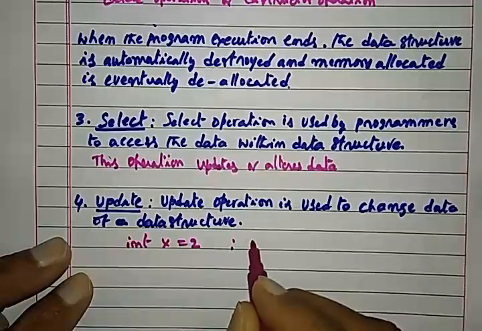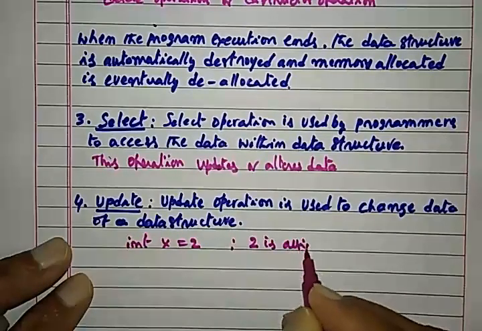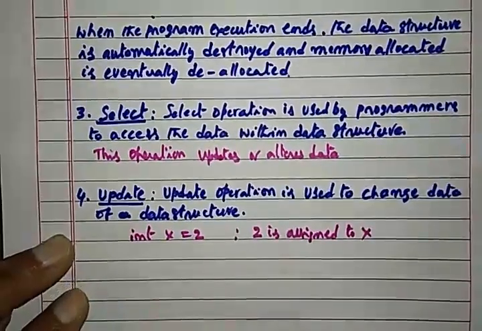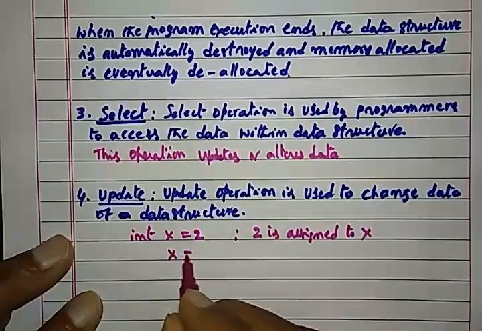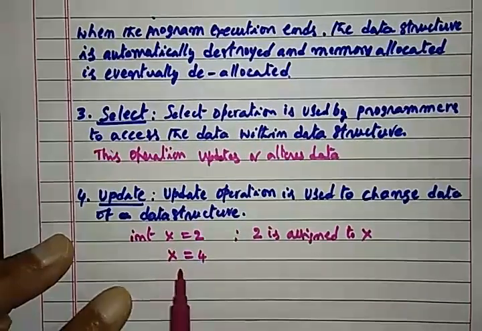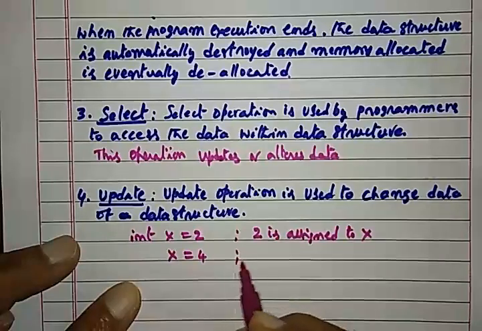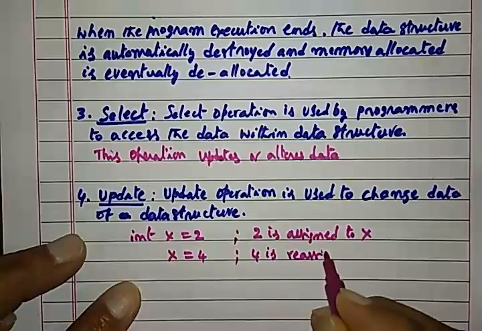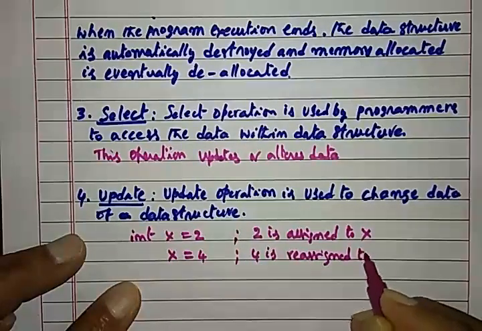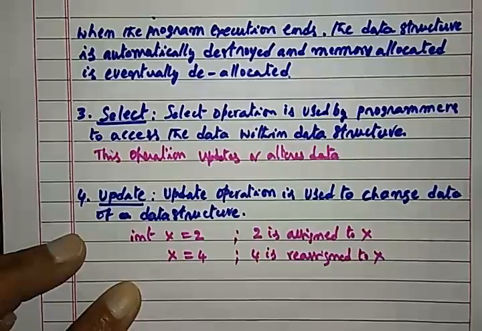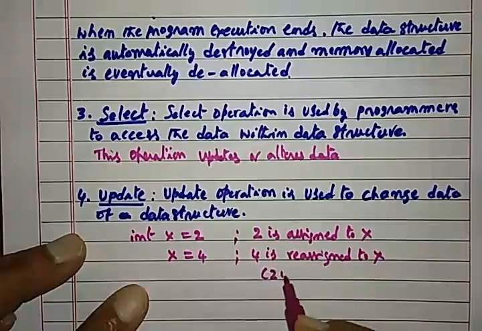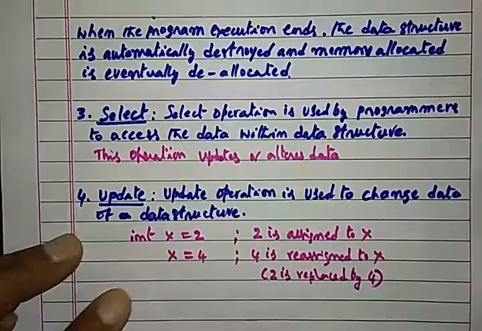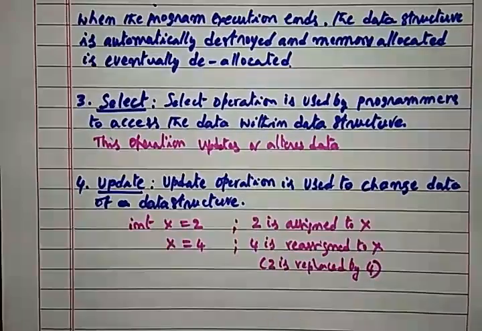That means 2 is assigned to variable x. Now below this, at some place I can write x is equal to 4. That means 4 is reassigned to x. Or 2 is replaced by 4. So these are very simple instructions.